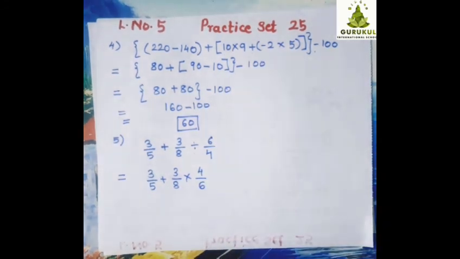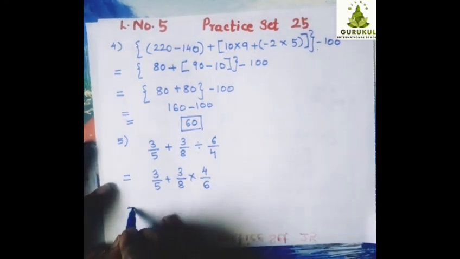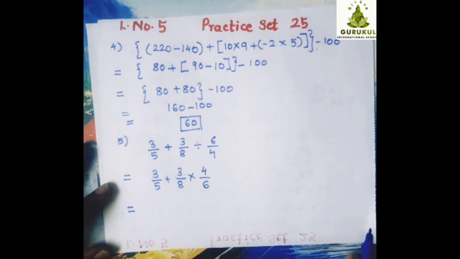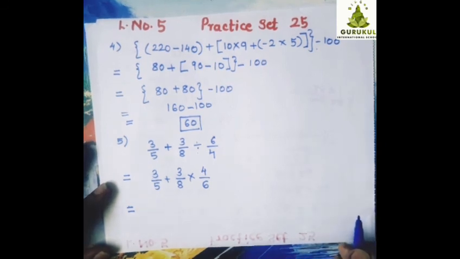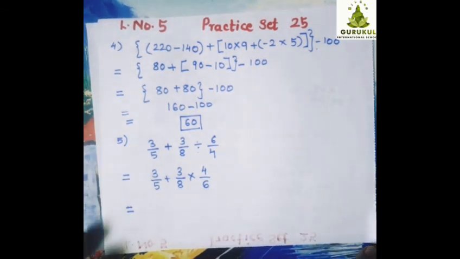Now here either you find the LCM or you do the cross multiplication. First you have to equalize the denominators, or you find the LCM.